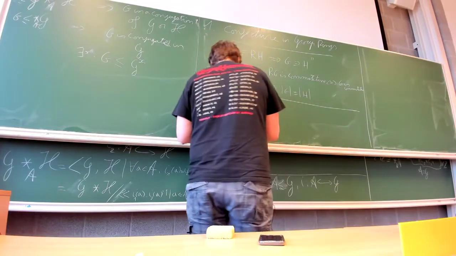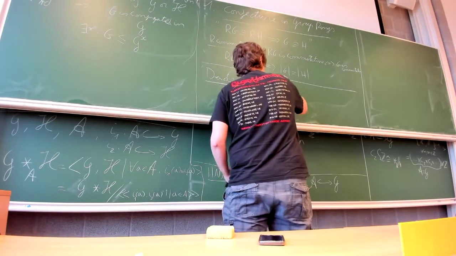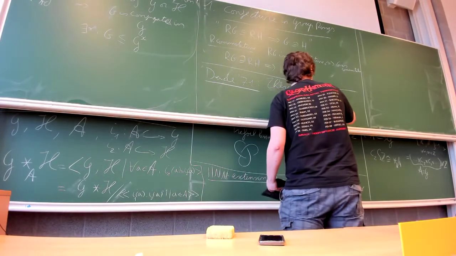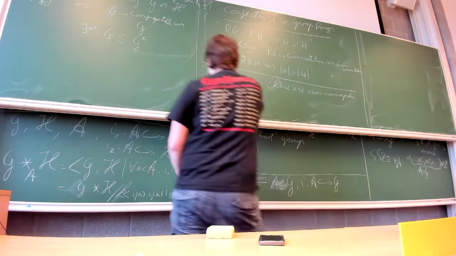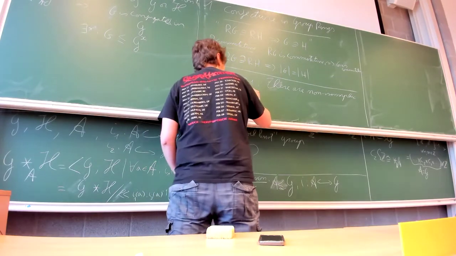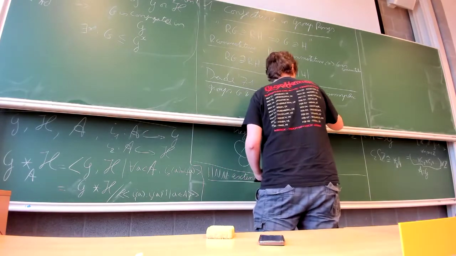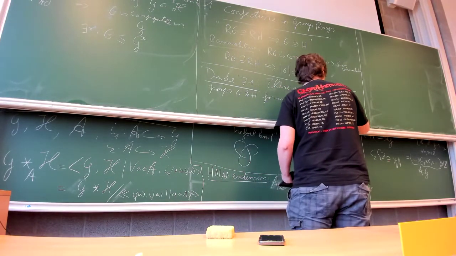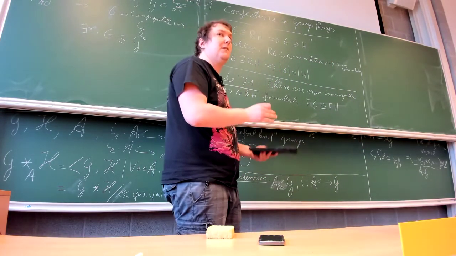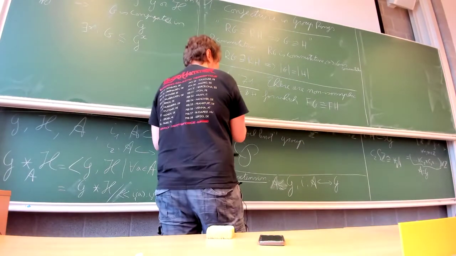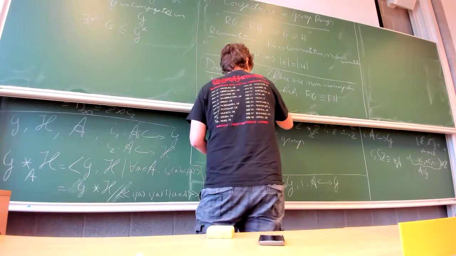So Dade in the 70s showed there are non-isomorphic groups G and H for which FG is isomorphic to FH for every field F. This is crazy. I mean, this is highly non-trivial, for every field F.